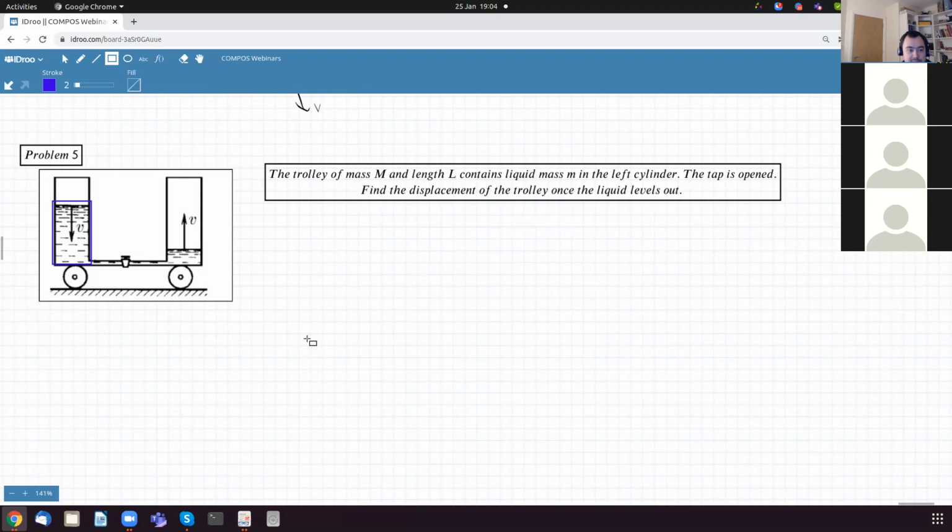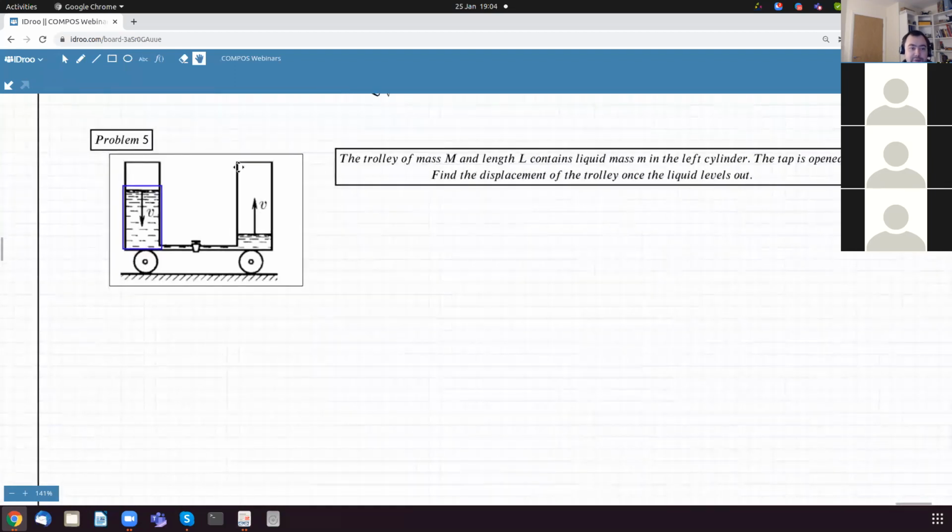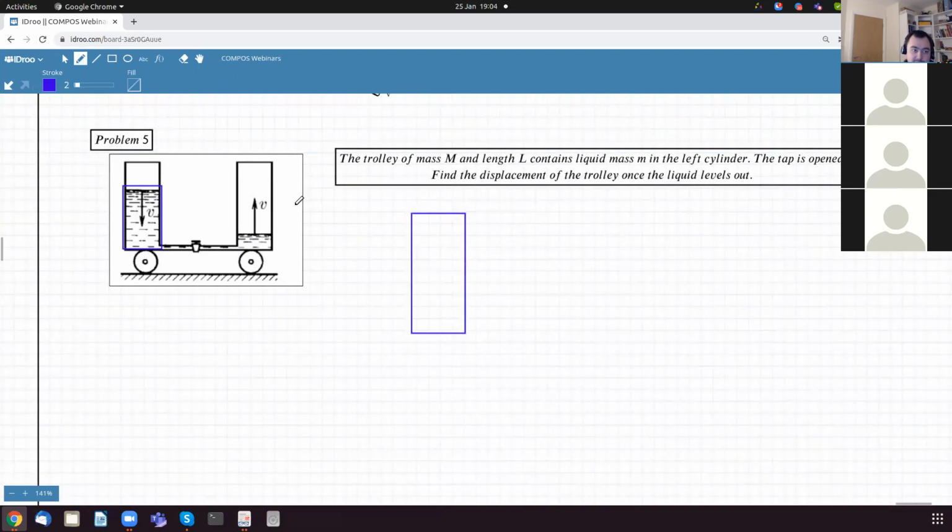Okay. So what's going on here? If we forget about the existence of the second cylinder, the picture would be quite easy, because what's going on is you have water rushing out of the nozzle.